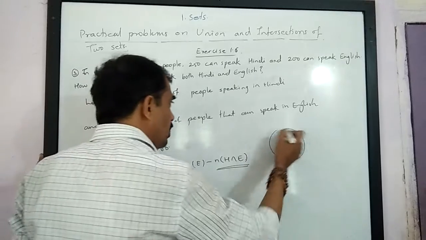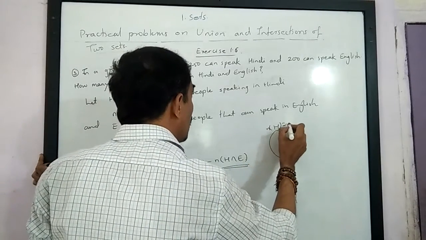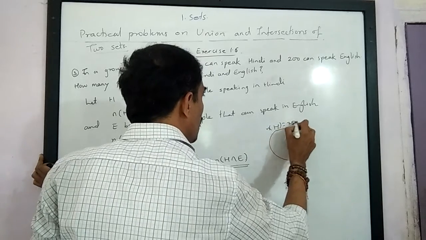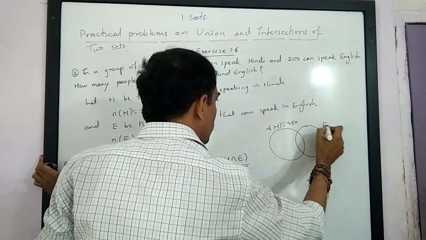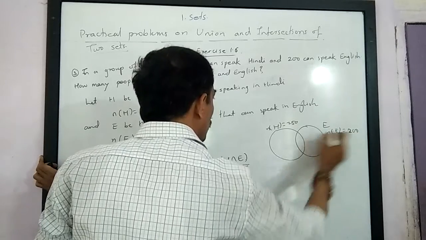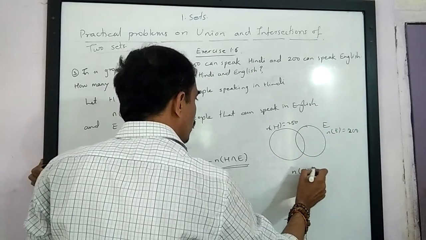Hindi speaking people are 250 and English speaking people are 200, and total people are given to us as 400.